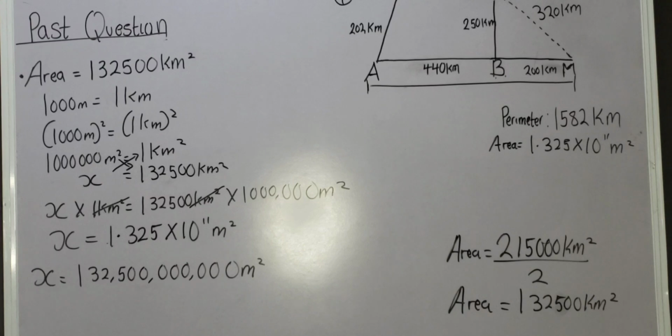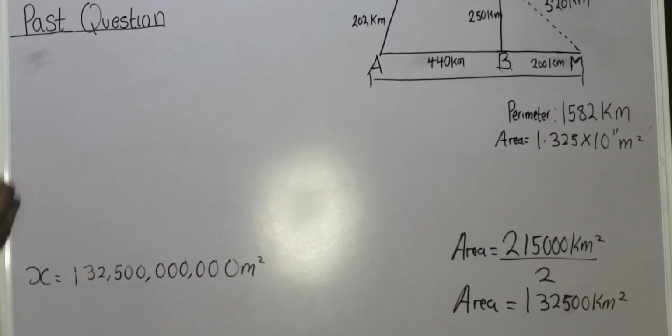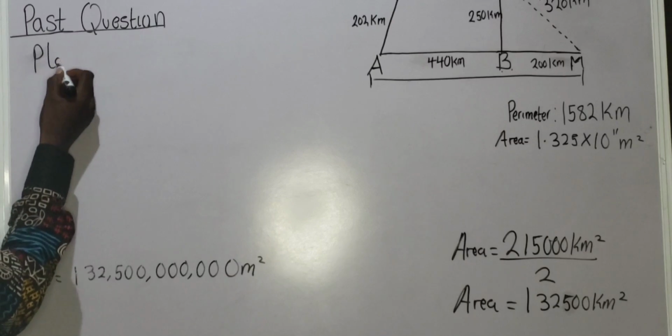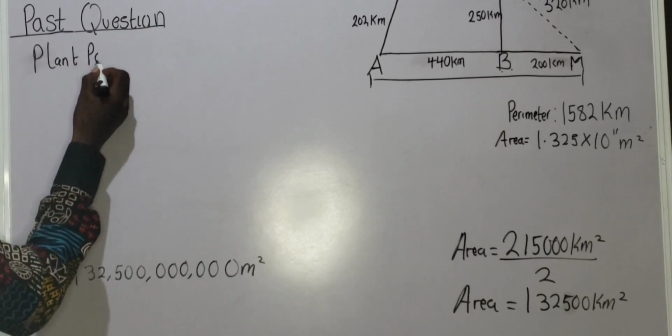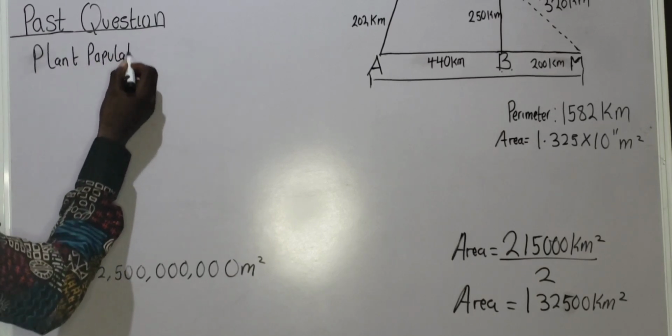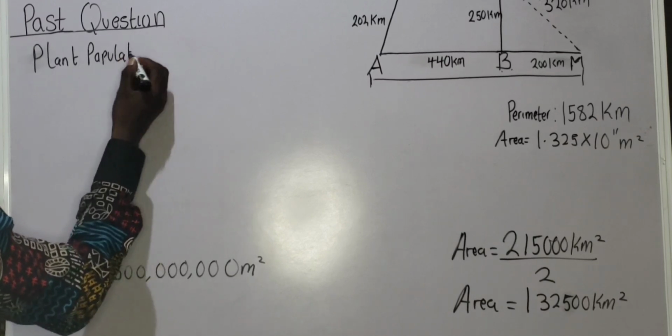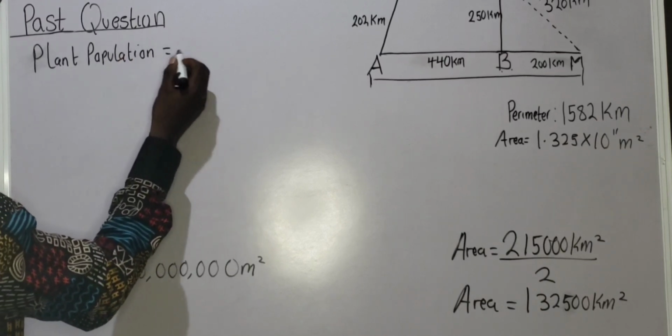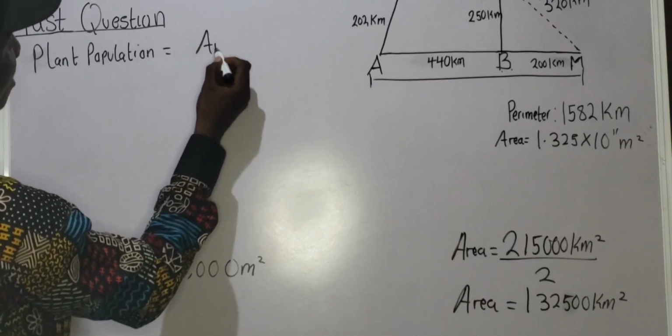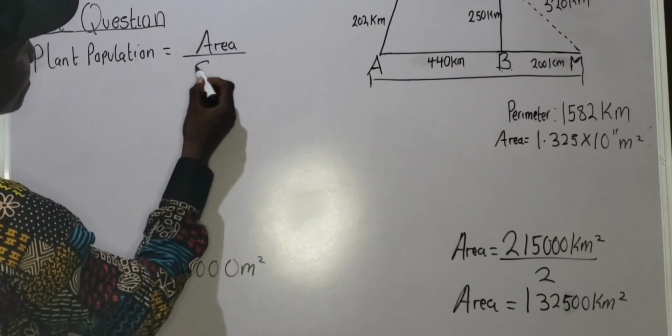But before we calculate the plant population, don't forget that the spacing is also given in centimeter. So I will have to convert the spacing, the centimeter to what? To meter. So plant population is equals to area all over spacing.